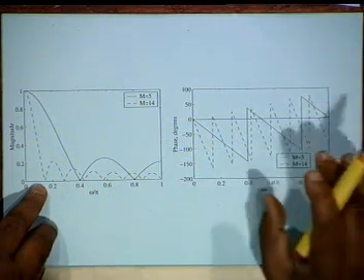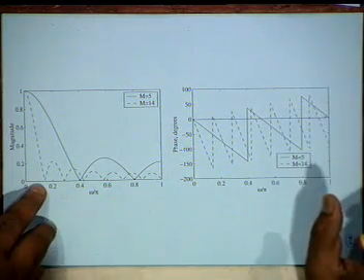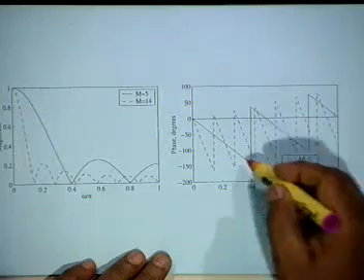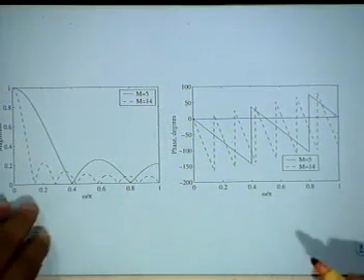Okay? So the phase behaves in a very peculiar manner, and in specifying magnitude we have no ambiguity. In specifying phase, the transition must be taken care of. It is not phase simply going linearly negative.